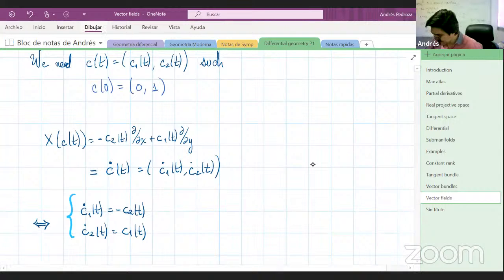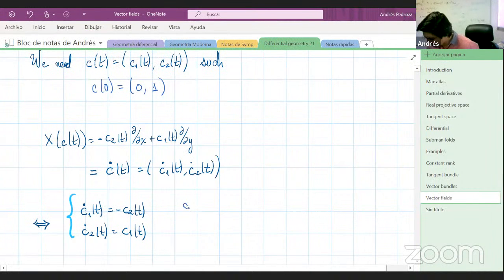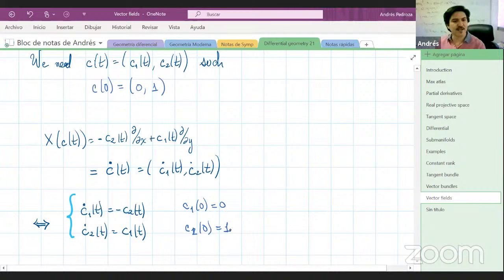So it is this, but with the condition that C1 at 0 equals 0 and C2 at 0 equals 1. So we have to solve that system of ordinary differential equations.